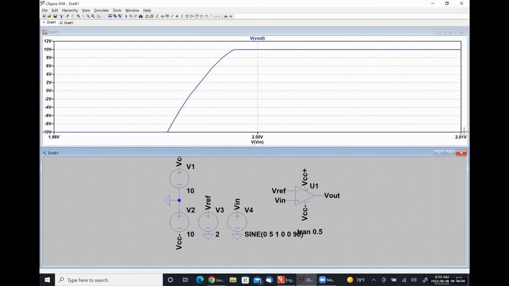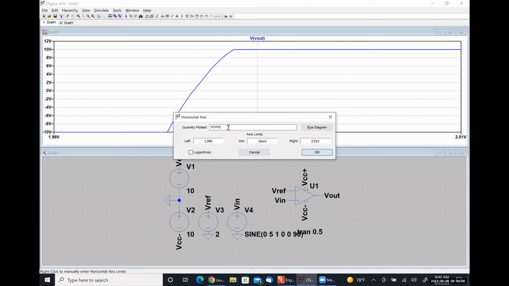See what's going on. How did I make the correct plot appear? Okay, so what I did to do that is I right-clicked when my mouse was down here somewhere on the horizontal axis. And then I changed my quantity plotted from time to the voltage Vn. Because quantity plotted, what it means is what are you plotting your output signal against?